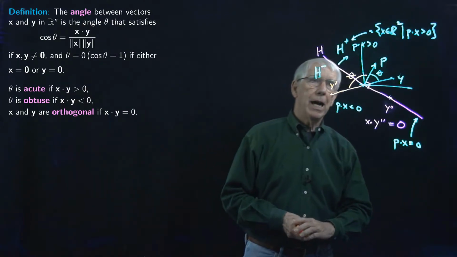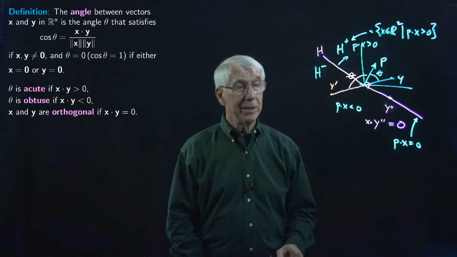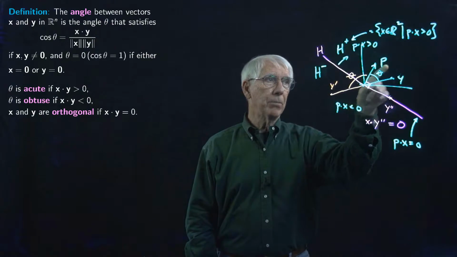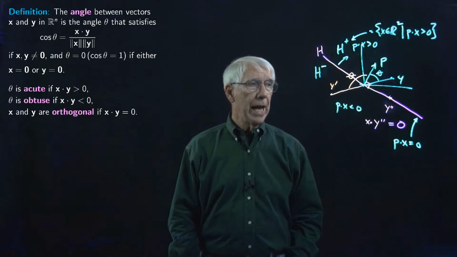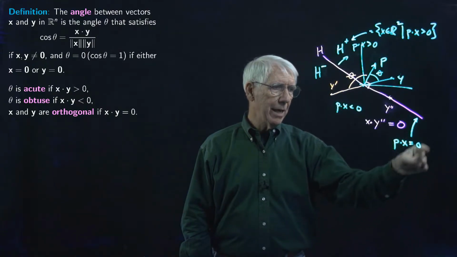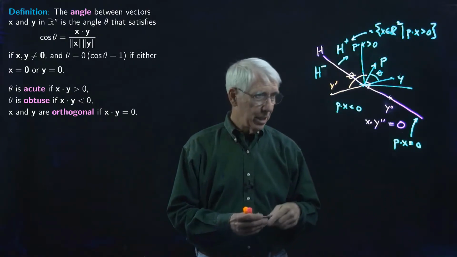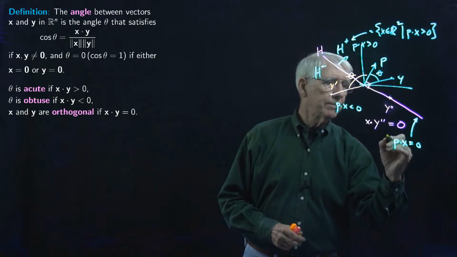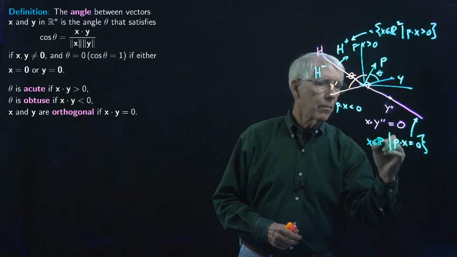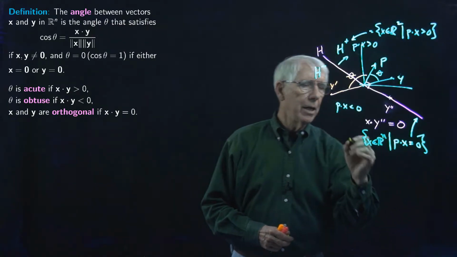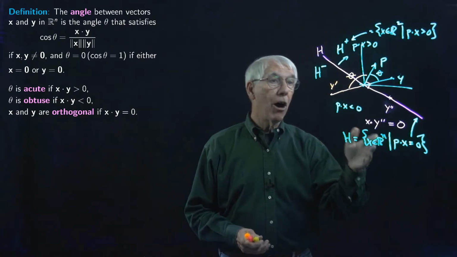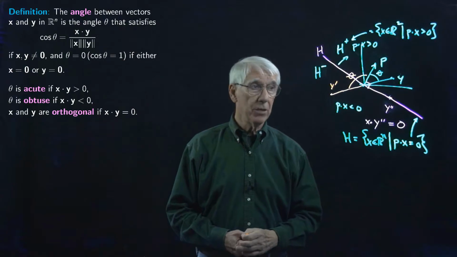And now let's notice that I did this in R2, but I could have done this in R3 just as well. I could have said, let me take a vector p in R3, and let me take all the vectors for which p dot x is 0. In fact, H, let me even write it this way, now I am going to use Rn here, and I'm calling that H. So H is the set of all vectors in Rn such that p dot x is 0.